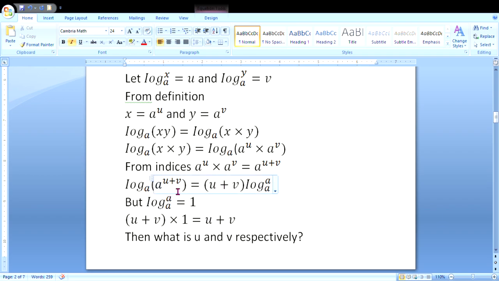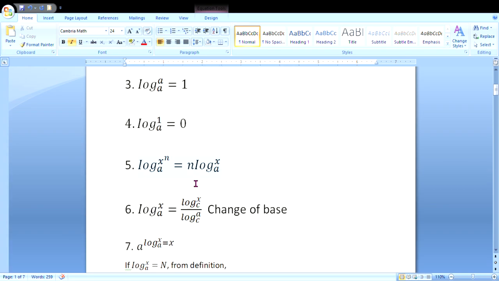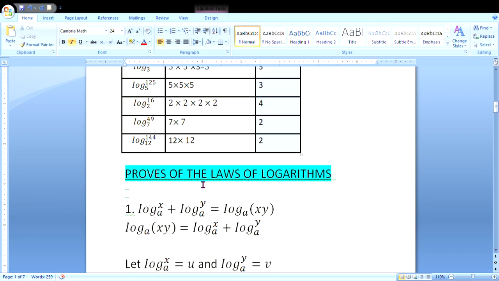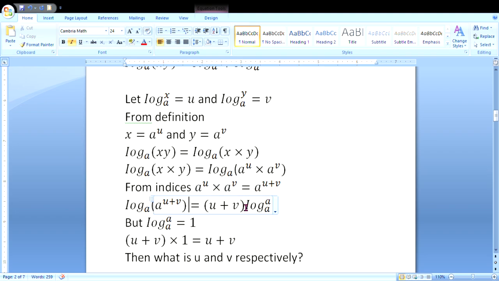You see that this is now a power, a raised to the power of u plus v. And we said from one of the laws of log that once we have a power here, the power has to be transformed back and act as a product. So u plus v has to be transformed back as a power here. But you also recall clearly that log a to base a is eventually 1.